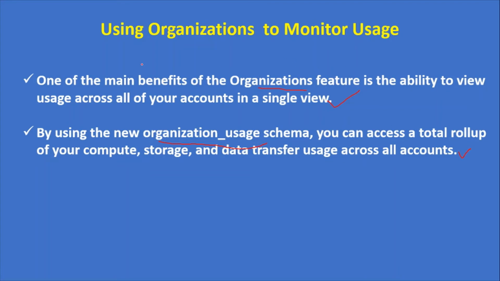So with the organizations feature, there is a new schema called the organization_usage schema, like the information_schema. With that, you can access a total roll-up of your compute, storage and data transfer usage across all accounts.